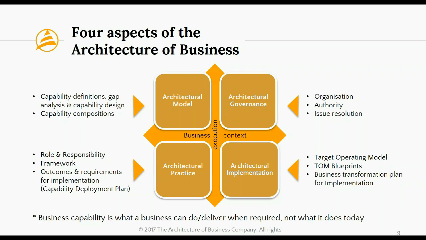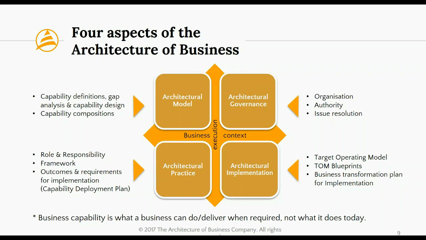The architecture of business comprises four fundamental aspects. The architectural model, expressed via business capabilities that will be needed to form and realize the target operating model. The practice conducted by the architects of business who define and design the capabilities.